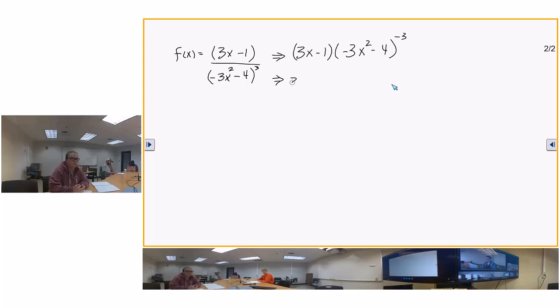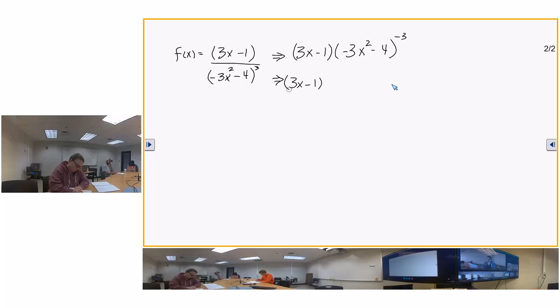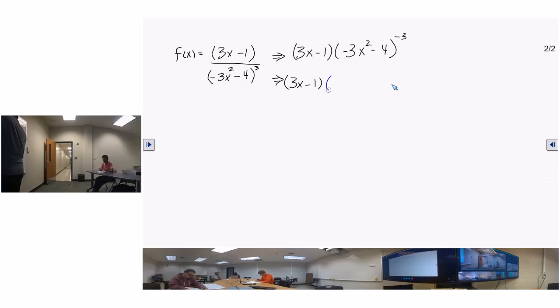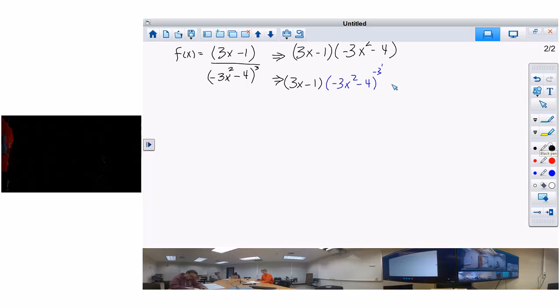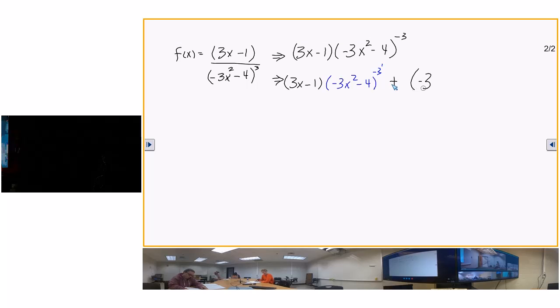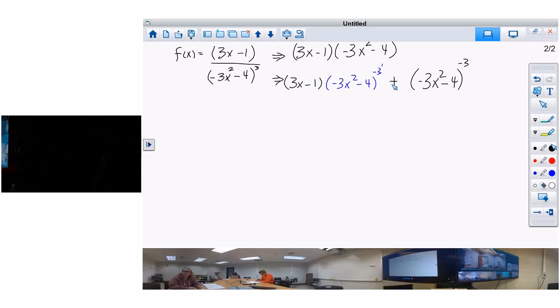First times the derivative of the second, plus the second times the derivative of the first.